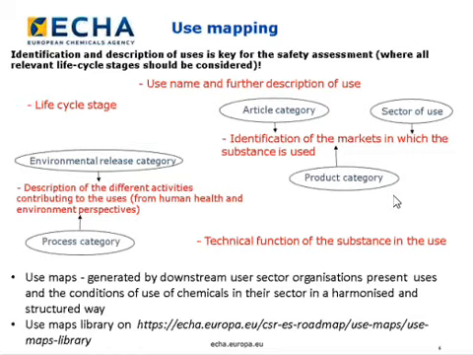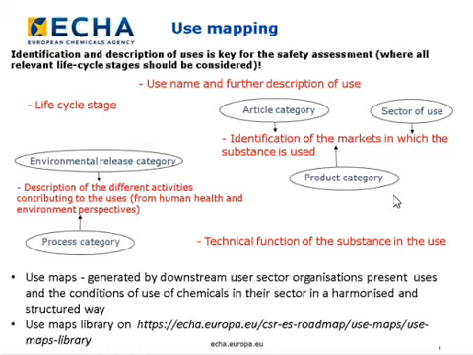For that, there is a system of use maps where downstream user sector organizations can present their uses and the conditions of use of chemicals in their sector in a harmonized and structured way, so that information is available for all registrants who are producing or importing substances for uses within those sectors.